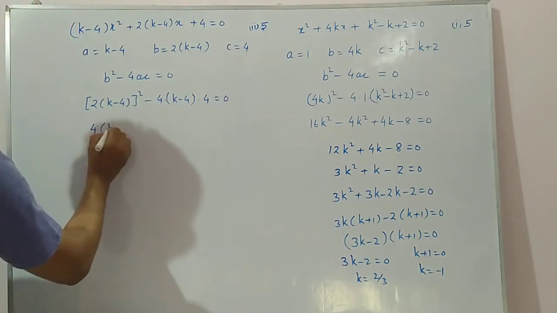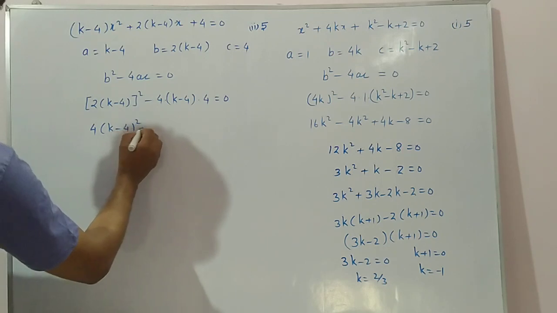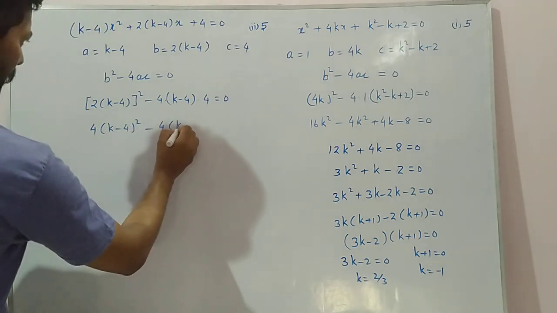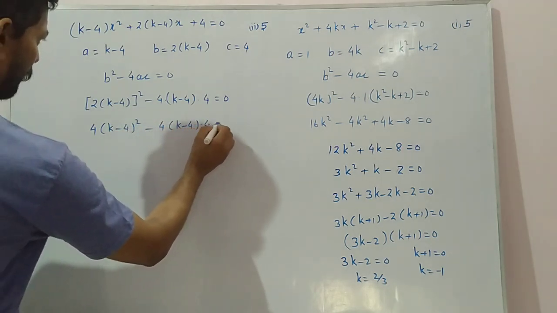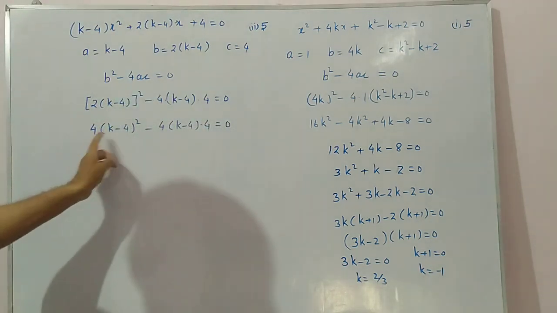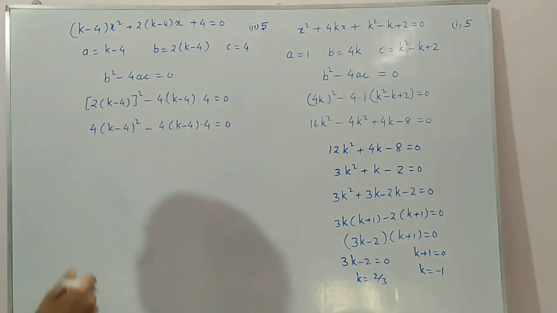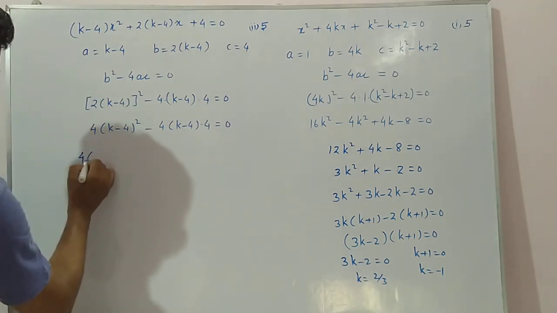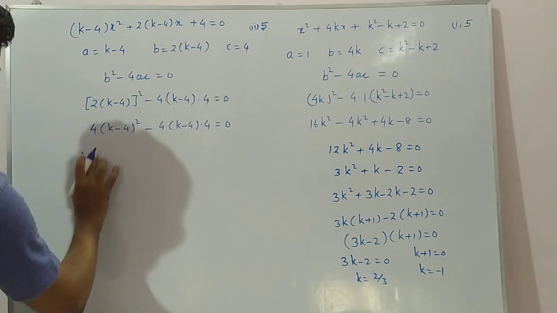So 4 into k minus 4 the whole square minus 4 into k minus 4 into 4 equal to 0. Now here what we can do, 4 is common, k minus 4 is common.